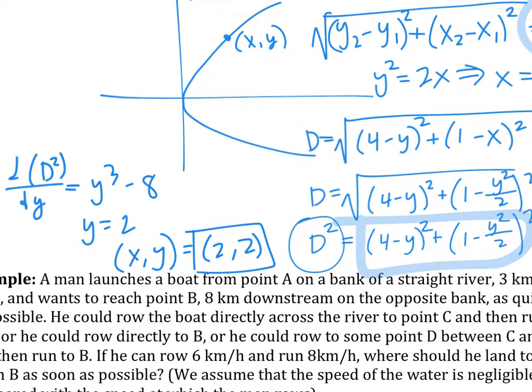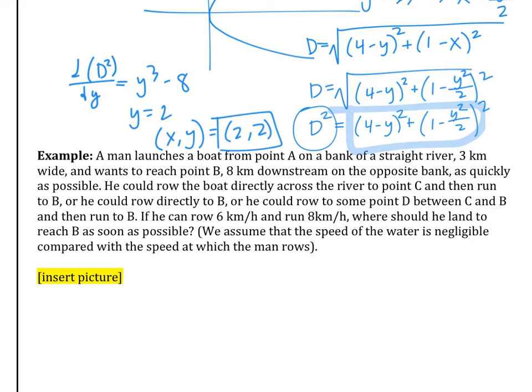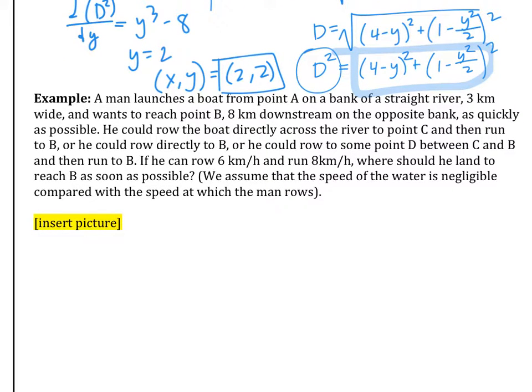This one's pretty tricky, actually. It's pretty tricky to even figure out what the picture looks like. A man launches a boat from point A on the bank of a straight river, 3 kilometers wide, and wants to reach point B, 8 kilometers downstream on the opposite bank, as quickly as possible.